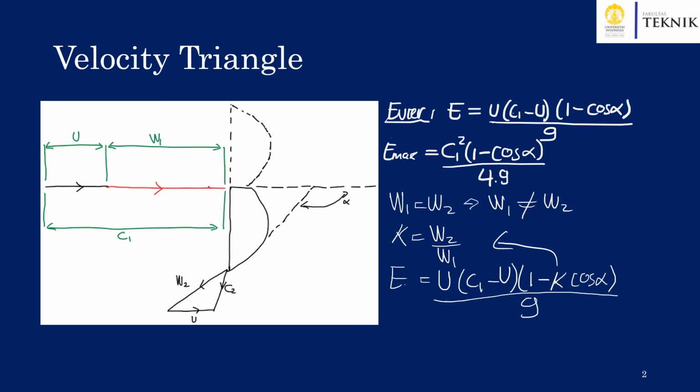And then this brings us to the first efficiency that we need to deal with, called the hydraulic efficiency, or simply eta H, that is equal to the power output divided by the available jet power.